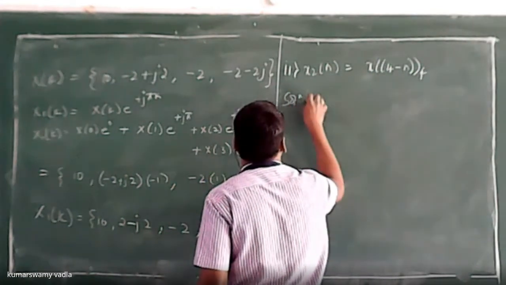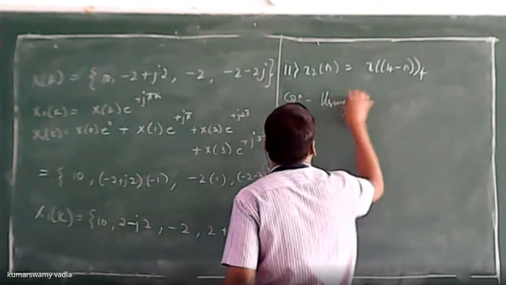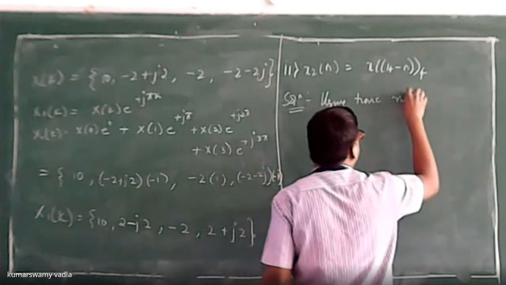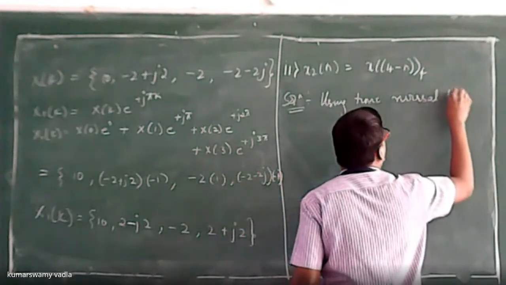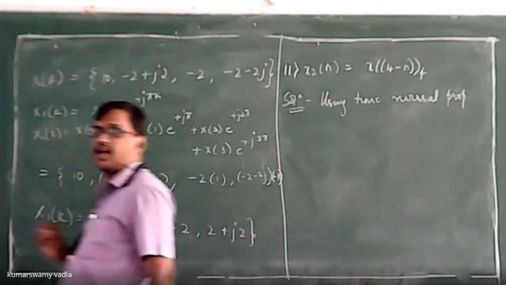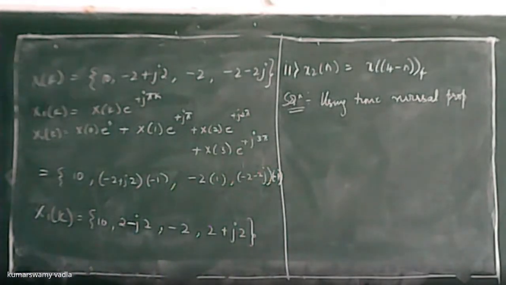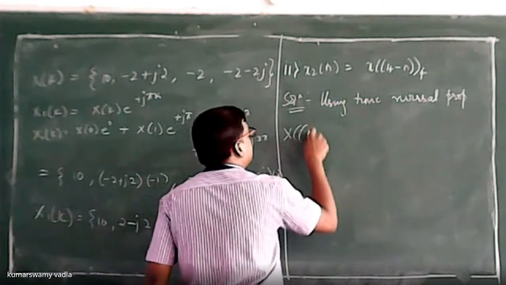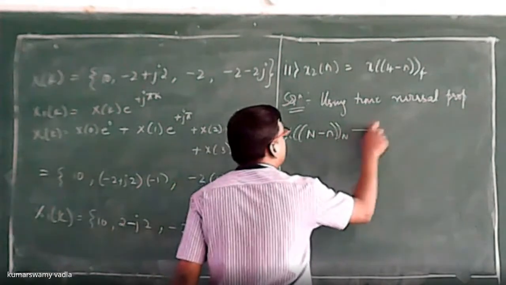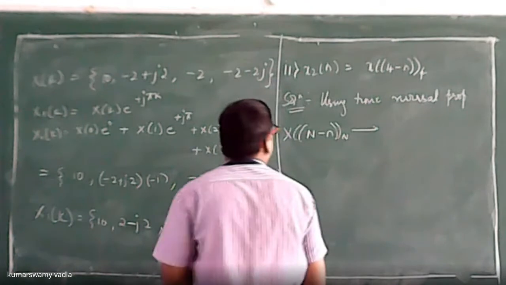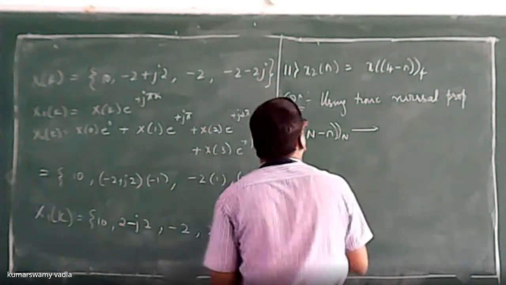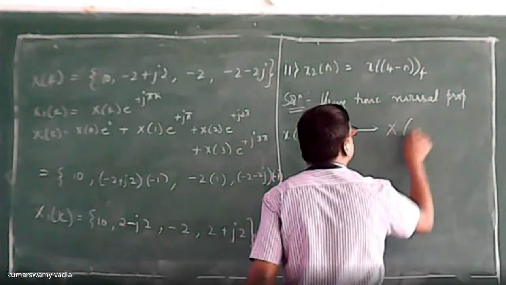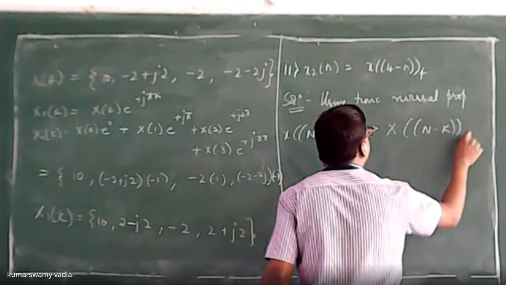Under solution, using the time reversal property, write down x of (N minus n) mod N, sorry, this is small x, is equal to capital X of (N minus k) mod N.